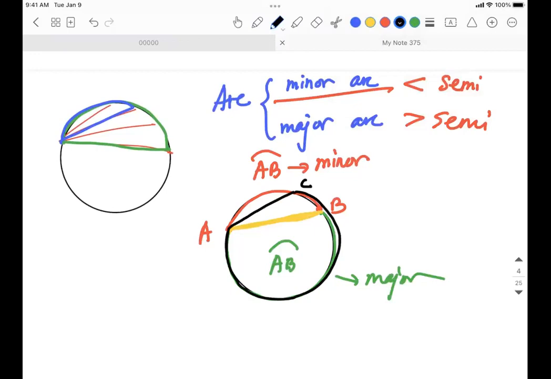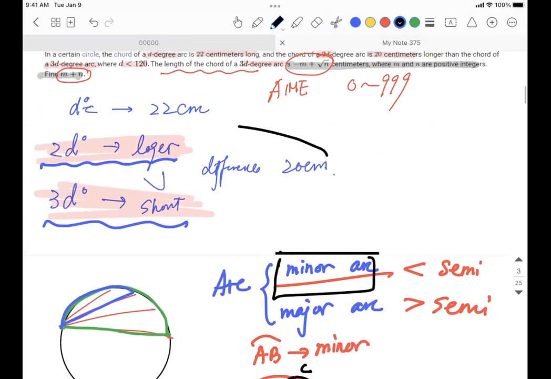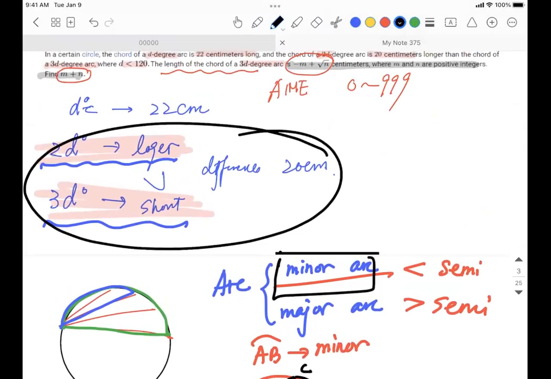That's the reason why I'm saying, generally speaking, larger arc, larger chord, larger angle, these are all focused on the minor arc. As long as you have minor arc and major arc blended together, it's not always guaranteed. You might have a larger arc but facing a smaller chord. I think this is basically the rationale for this problem. The 2D degree arc is actually 20 centimeters longer than the 3D degree arc, so we must be looking at some major arcs in such a problem. Does it make sense?